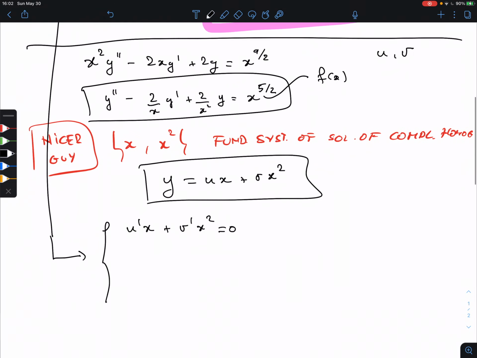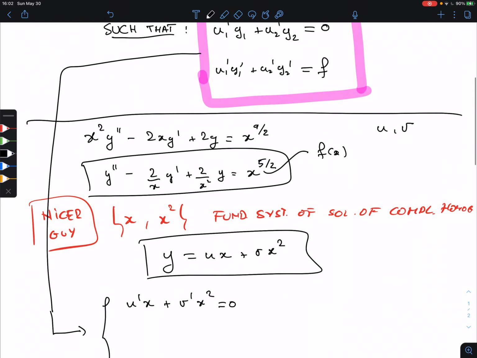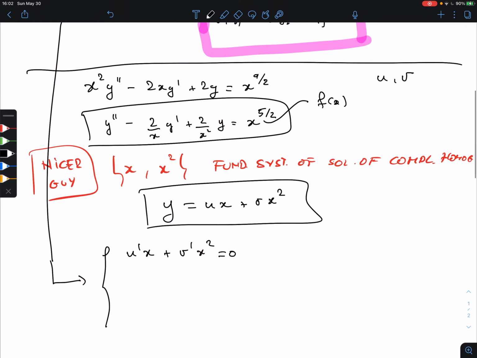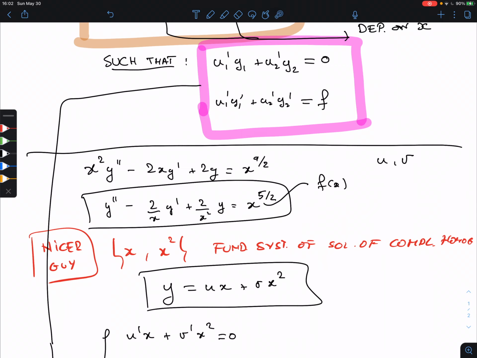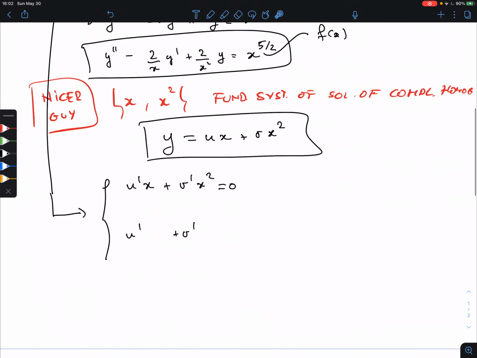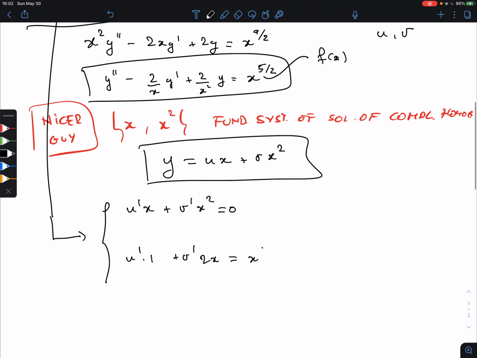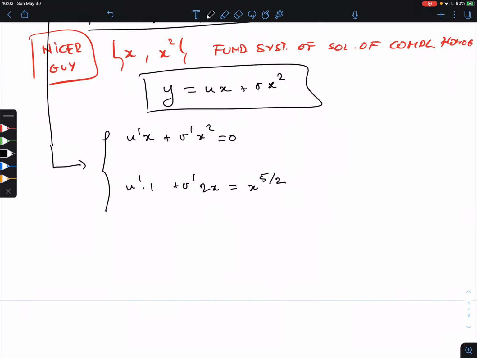Remember that the first equation is about taking u primes. Now the second equation is also u prime and v prime, but now we're going to take derivatives of these two solutions that we have. So that is u prime times 1 plus v prime times 2x, and that's not equal to 0, that's equal to x to the 5 halves, the forcing function. So this is the system that we're trying to solve.